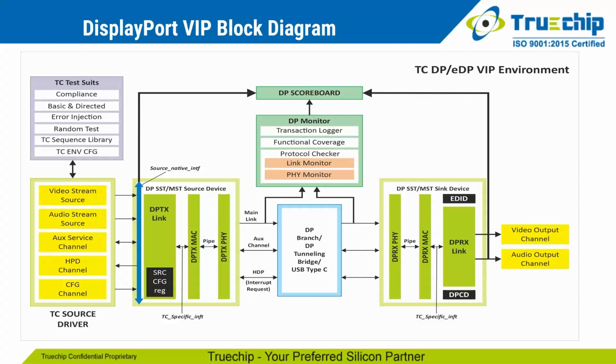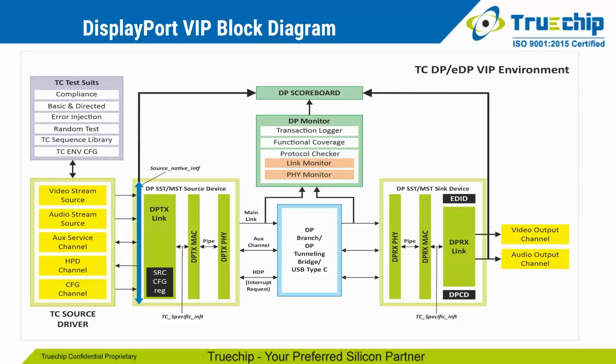Coming to the DP sink device, which can be operated in SST mode as well as MST mode, it also has three layers: DPRX PHY, DPRX MAC, and DPRX link. In the DPRX PHY, the deserializing operation is performed, and decoding or descrambling is performed in the DPRX MAC layer, and decoding of the link symbols or the video stream is done in the DPRX link.